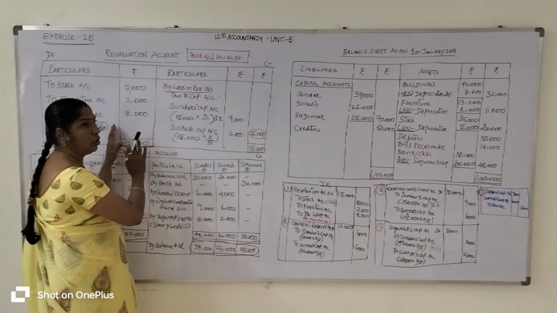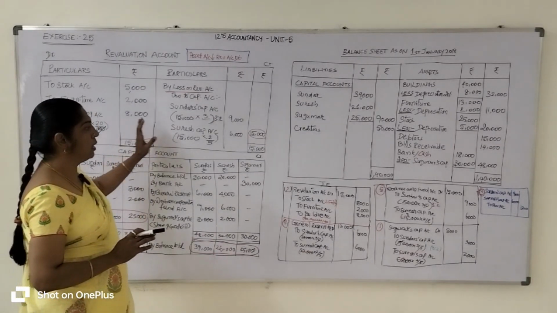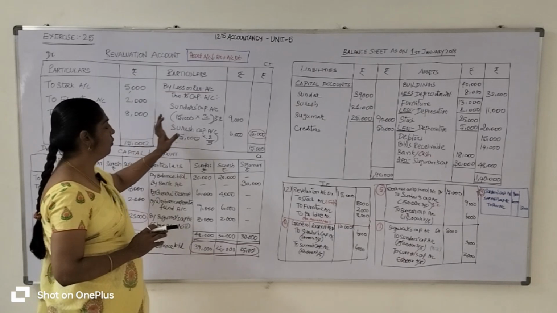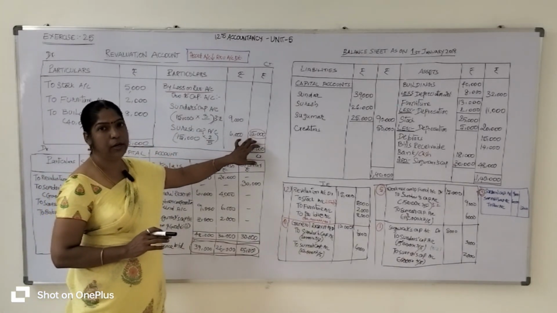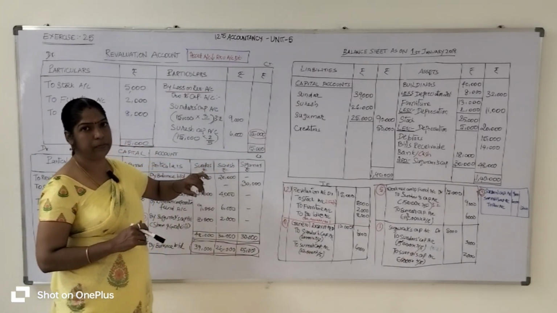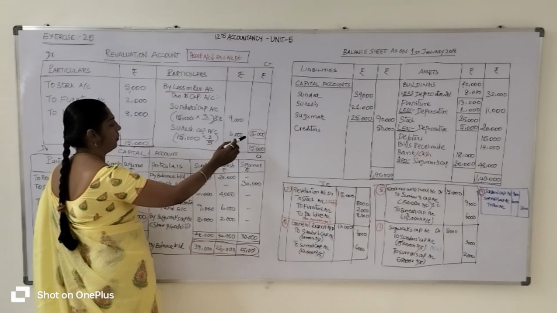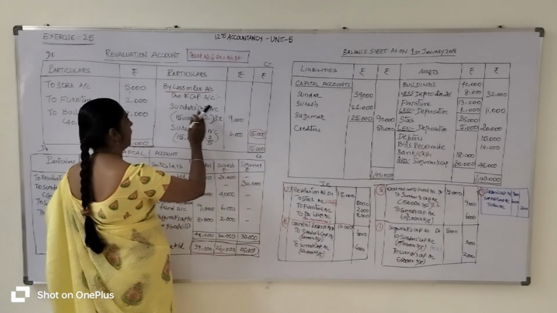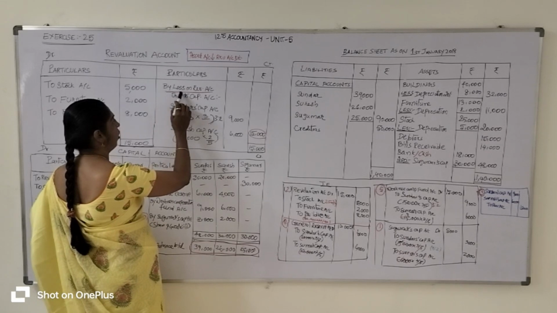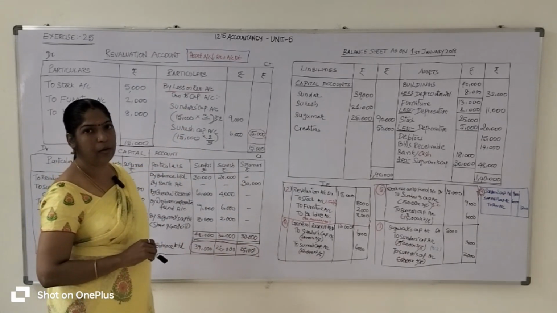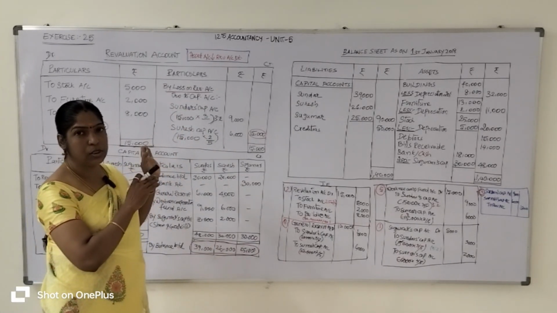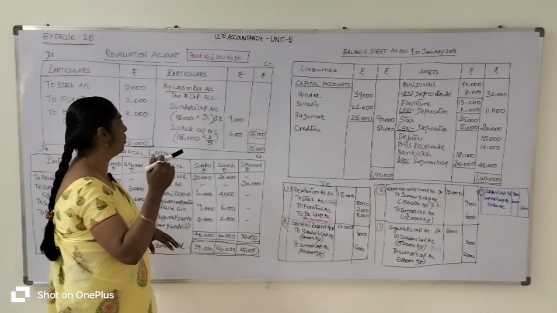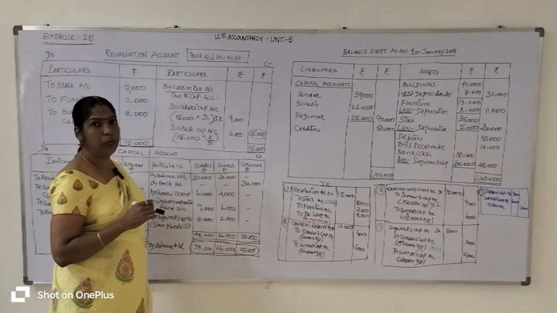If you get the total on the debit side, you will get the balancing figure on the credit side. That means you get the loss on revaluation on the credit side. So that balancing amount of 15,000 rupees you write as loss on revaluation account. Immediately the loss on revaluation account is transferred to the old partners' capital accounts in their old profit sharing ratio. Who are the old partners?